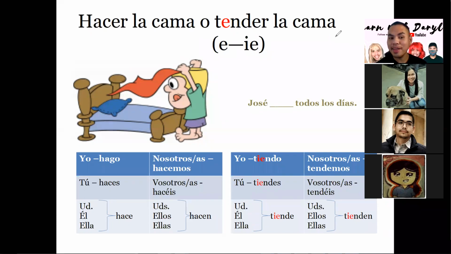Yes. And how did it become hago? You just have to memorize it, guys.